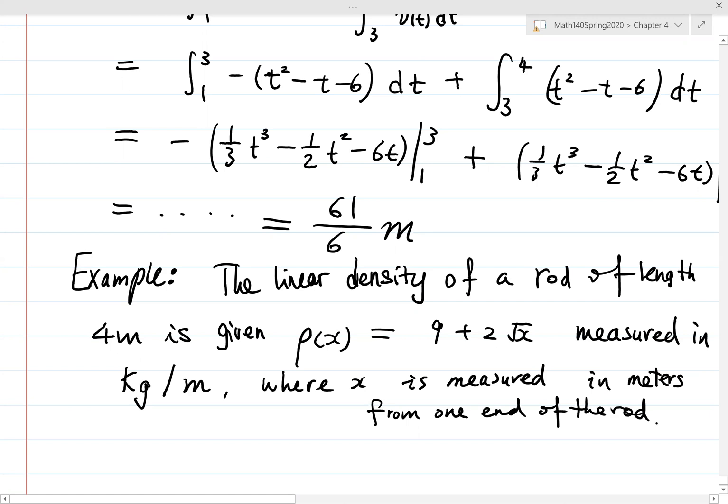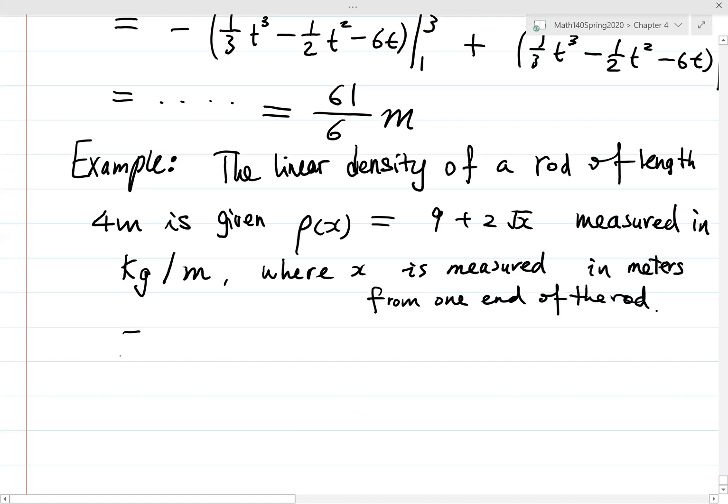Okay, the question asks, find the total mass of the rod.